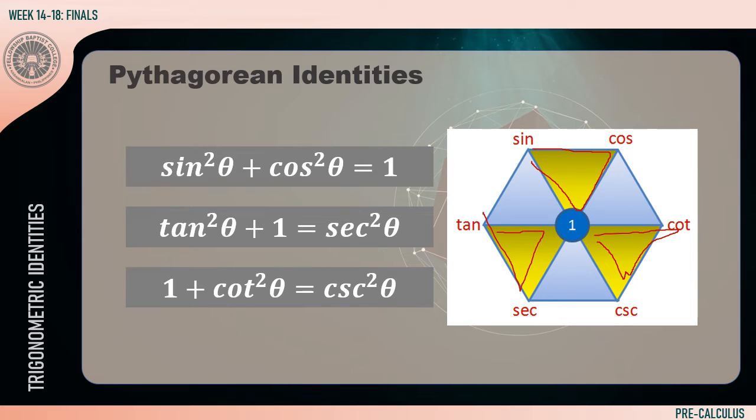We know nga kung i-square mo ang 1, 1 pa rin ang answer, so automatic 1 na lang. So, para sa babaw nga triangle, we have sine squared plus cosine squared equals 1.